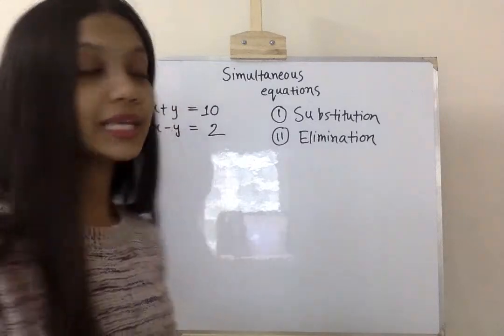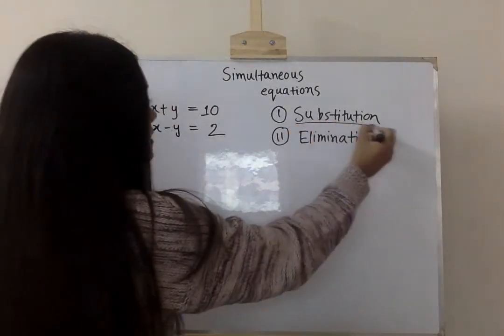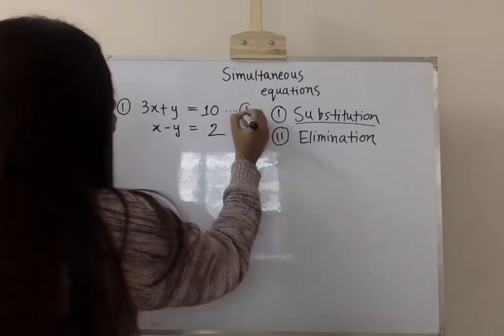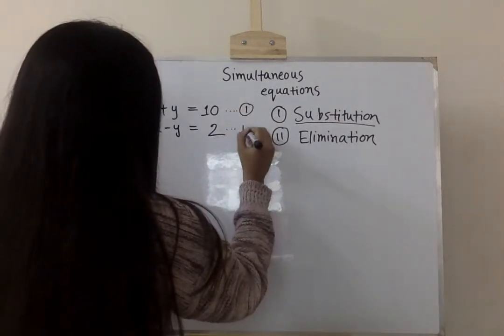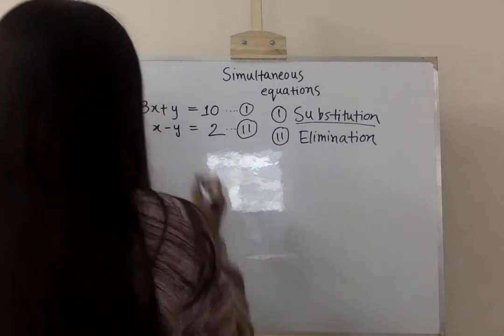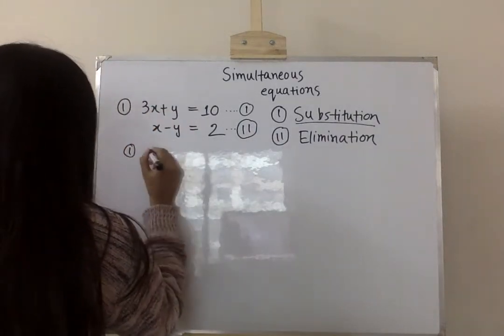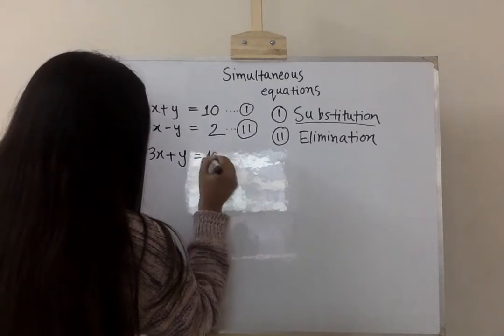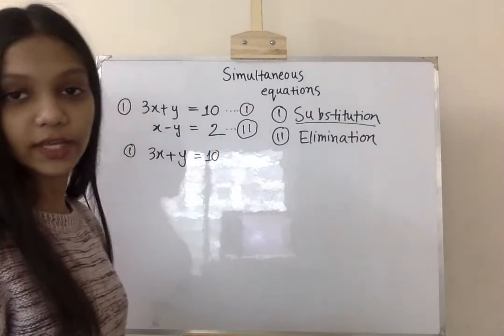What happens in the substitution method is that, for example, this is our equation 1 and this is our equation 2. From equation 1, we make either x or y the subject of the equation.